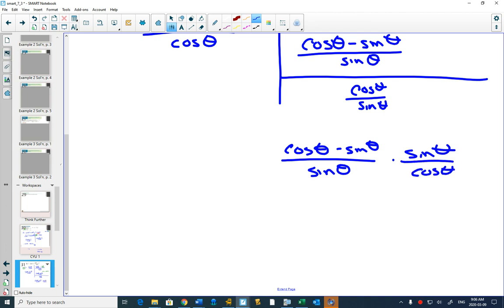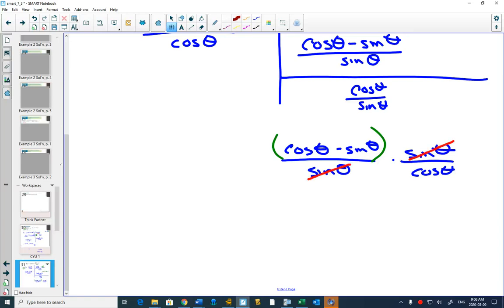So when you're multiplying fractions, I'd say put brackets around things that are grouped together. So that cos theta minus sine theta, that minus sign makes that one term. Then looking at the rest, when we're multiplying, do we have any factors that are identical? We have the sine theta.